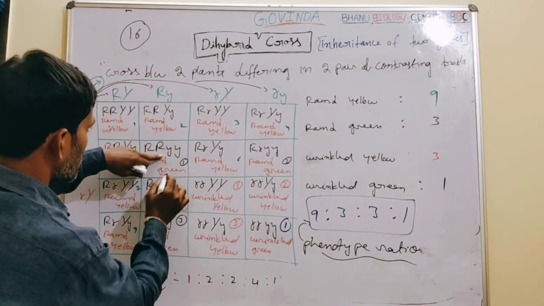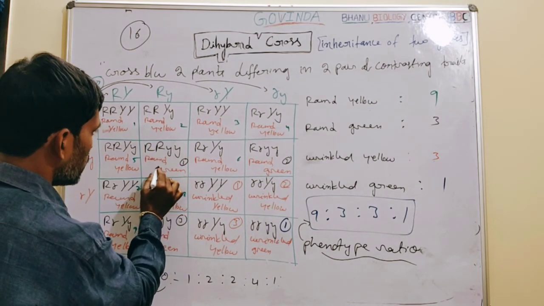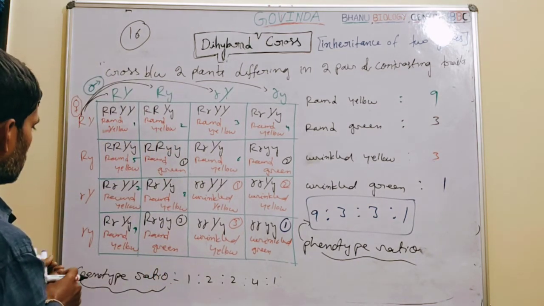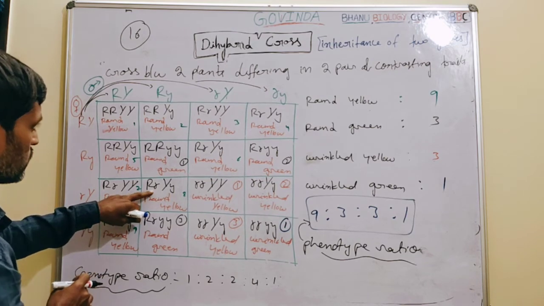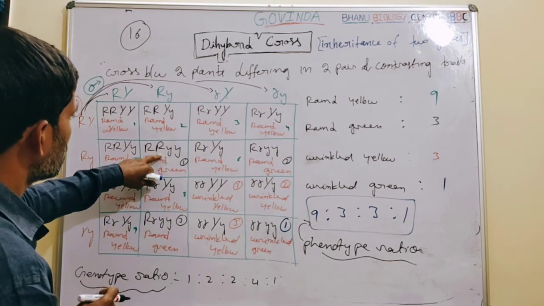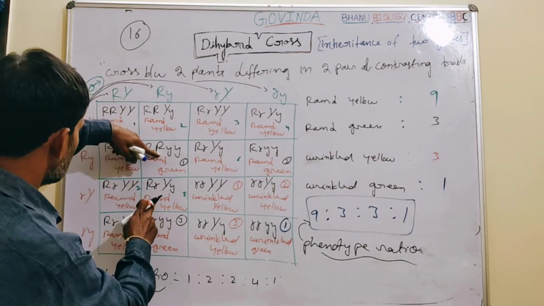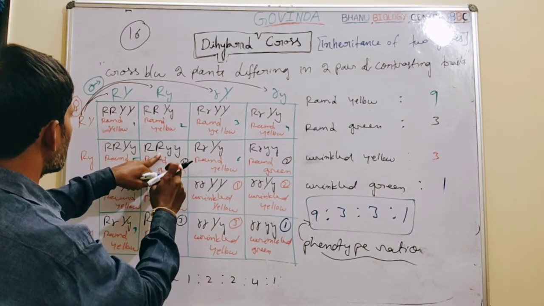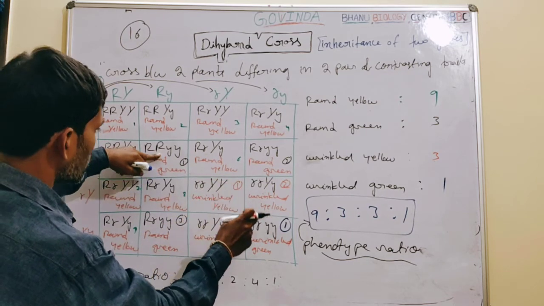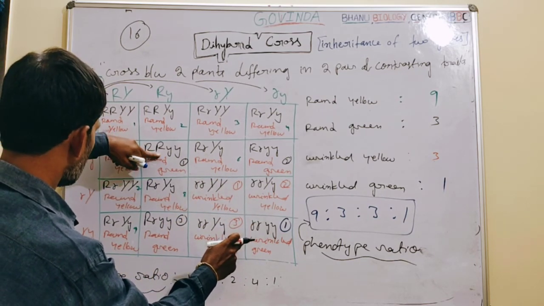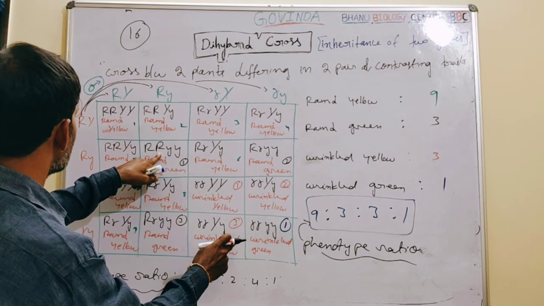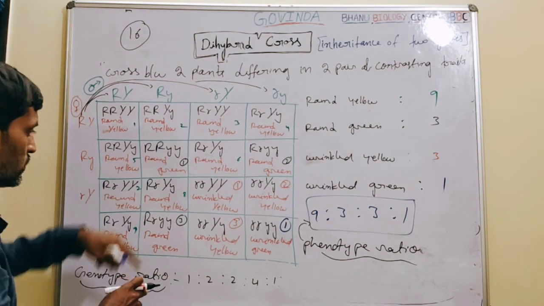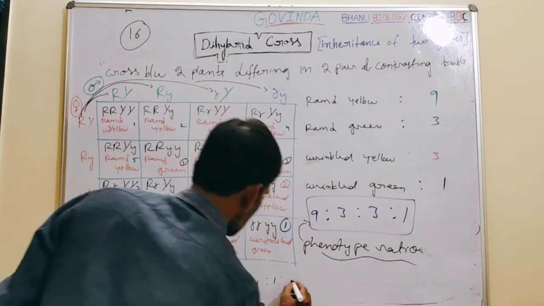Next capital R, small y, small y, 1. Capital R, small y, 2.